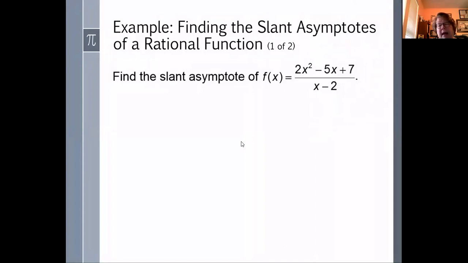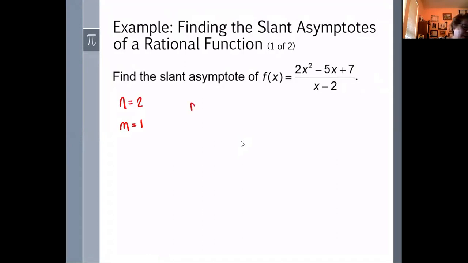So this is going to have a slant asymptote if the numerator's degree is 1 more than the denominator's degree. And my numerator's degree, n, is equal to 2. It's a second degree polynomial function in that numerator. And the denominator's degree is 1. So the numerator's degree is 1 more than the denominator's degree.